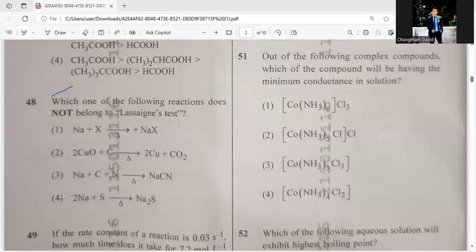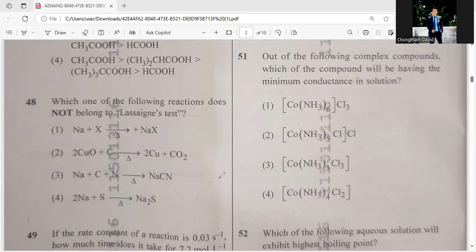Question number 48 says, which of the following does not belong to the Lassaigne's test? So in the given options, you have to check which is the incorrect reaction pertaining to this Lassaigne's test. And you know, Lassaigne's test detects nitrogen, sulfur, and halogens.